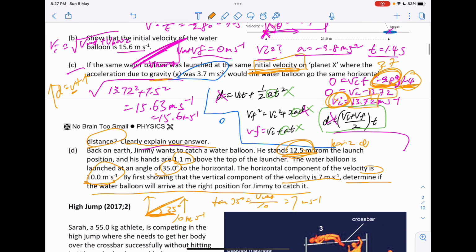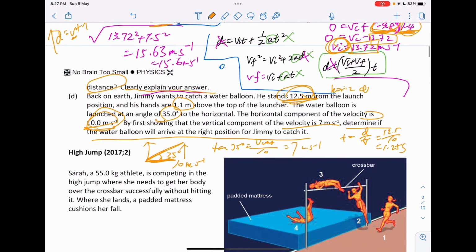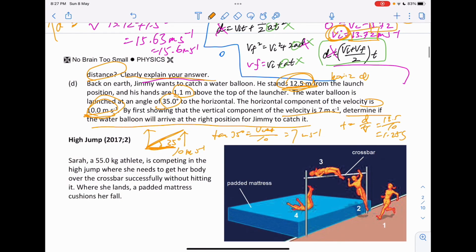Okay, and horizontal velocity is 10, which means time equals d over v. So 12.5 over 10 is 1.25, oh no, 1.25 seconds, sorry. So in this case, 1.25 seconds.